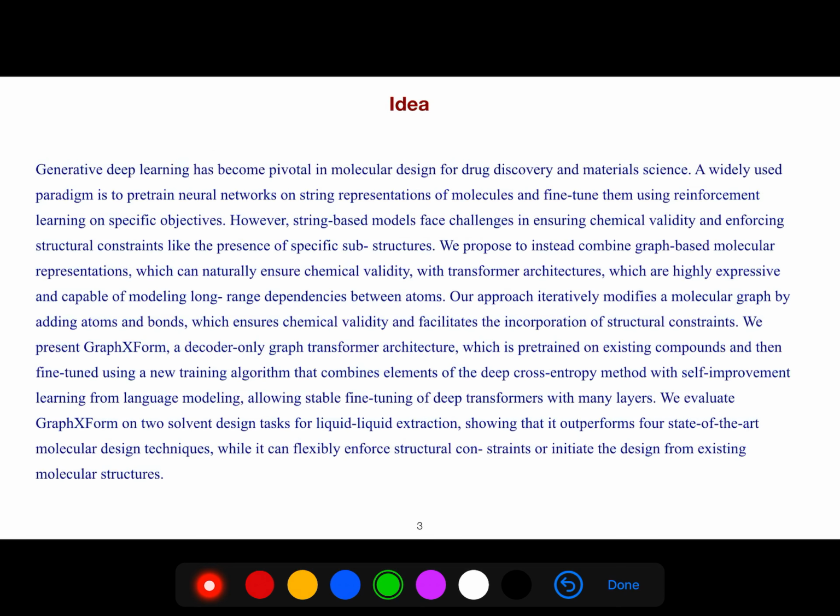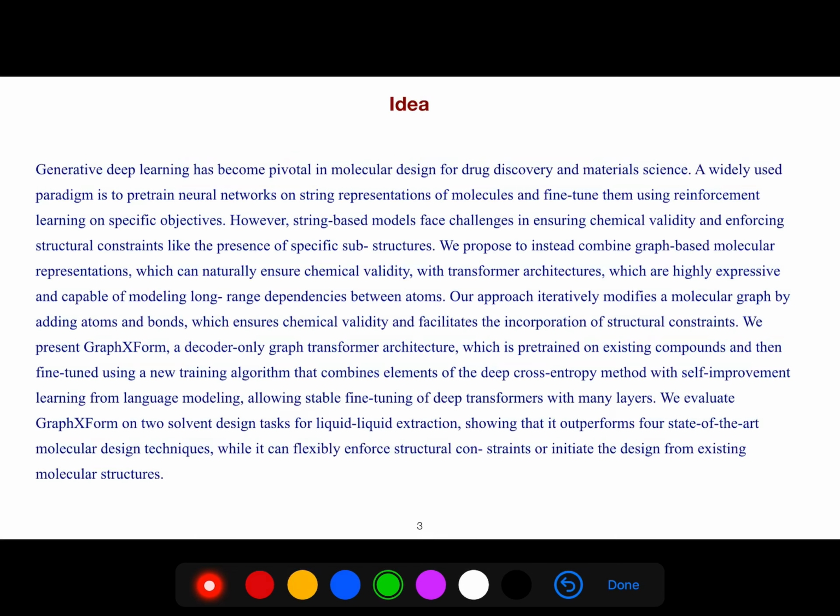Generative deep learning has become pivotal in molecule design for drug discovery and material design. A widely used paradigm is to pre-train neural networks on string representations of molecules and fine-tune them using reinforcement learning on a specific objective.